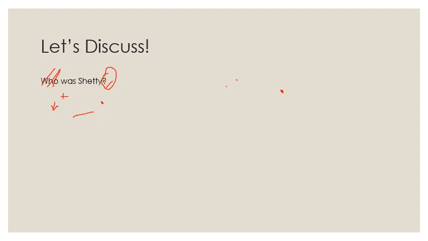So I hope you have got number 1, how to frame an answer. Generally these are the things that we apply. Now let's see question number 2. Why did Shetty grant 4 wishes to the tree?